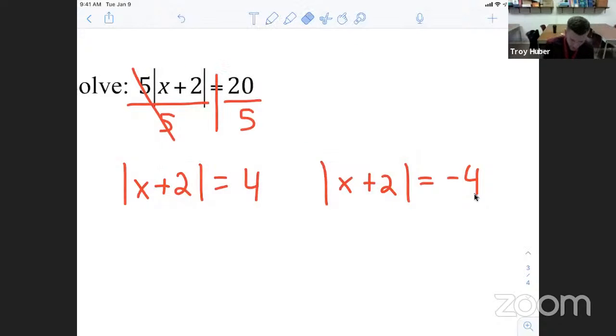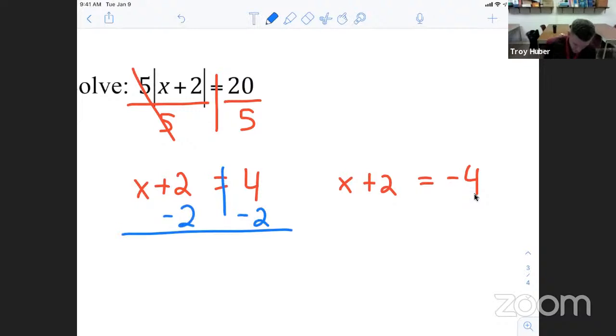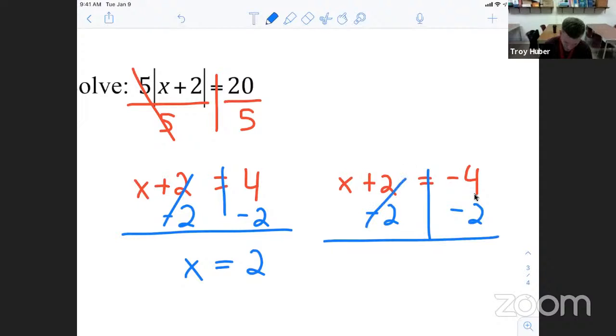Okay, because we did positive and negative, these absolute value signs now kind of go away. All right, then we just subtract 2 on both sides. Should get x is equal to 2. And x is equal to negative 6.